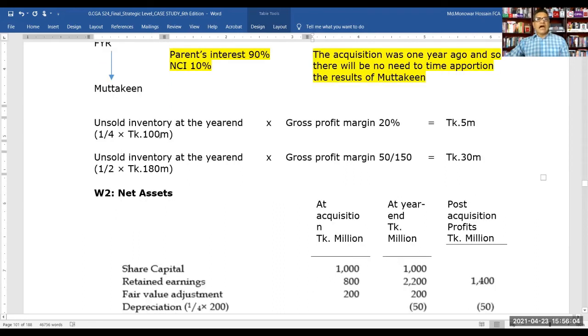So here, unsold inventory at the year end, 1/4 of 100 million multiplied by gross profit margin 20%, comes to 5 million. And unsold inventory at the year end, half of 180 million, with the gross profit margin, so 30 million.